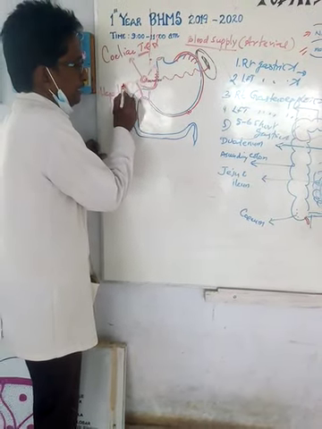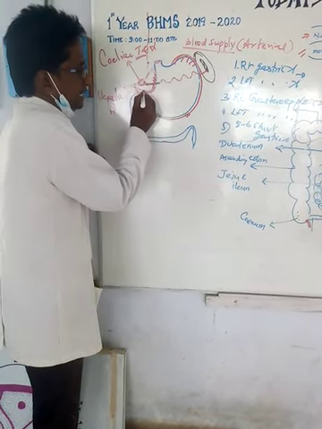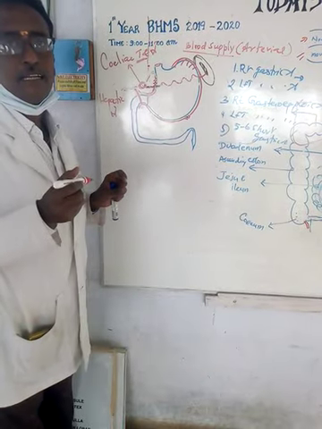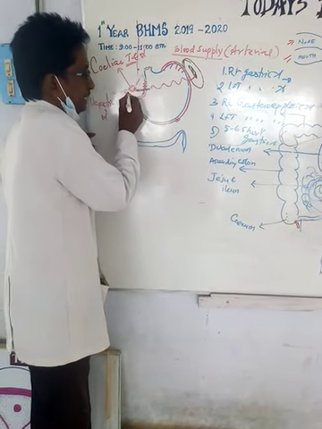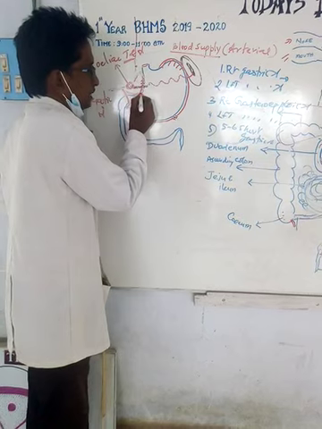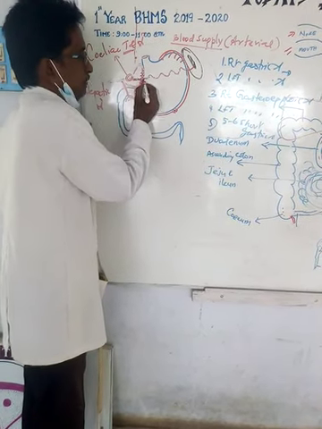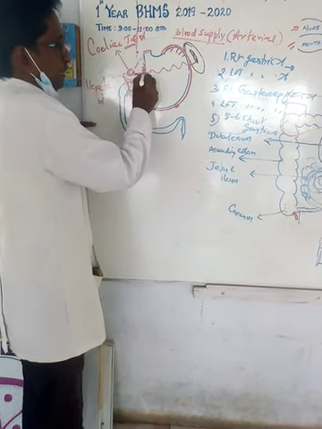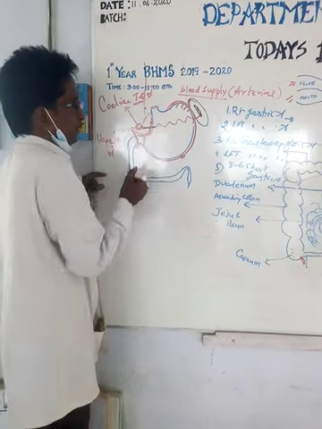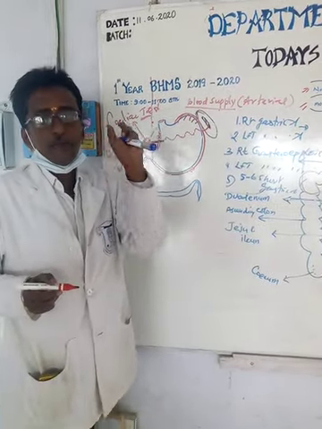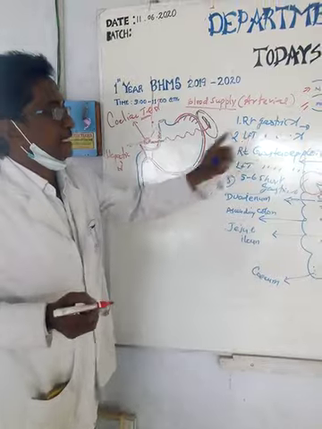Now, from the hepatic artery, the right gastric artery starts. The right gastric artery runs towards what? The lesser curvature of the stomach and goes upwards. This is one artery over. Second artery, left gastric artery.